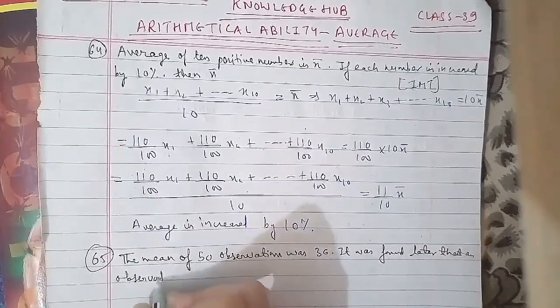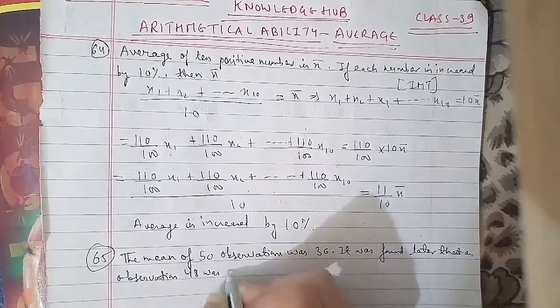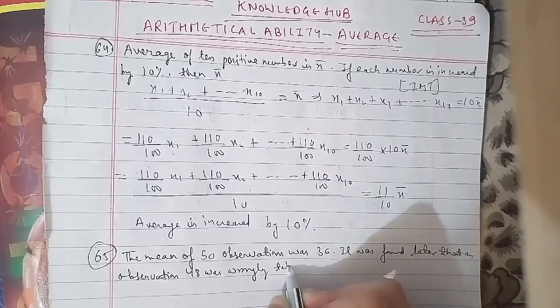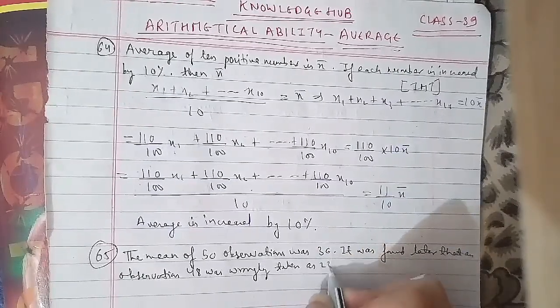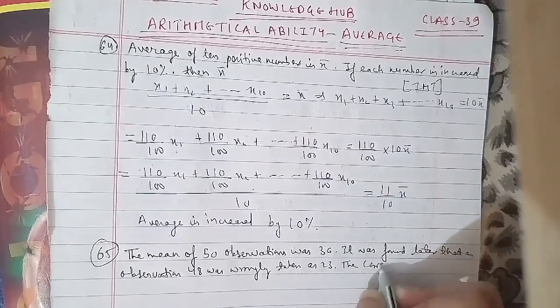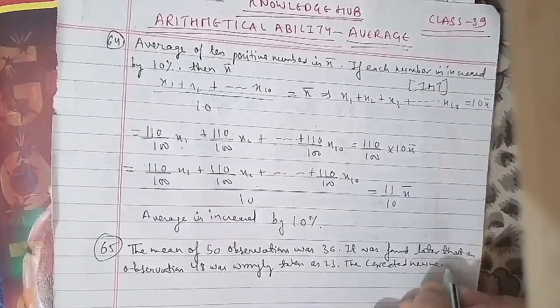The correct mean is, this has been asked in your SSC examination paper. That is also an important one here. Options we have are 35.2, 36.1, 36.5 and 39.1, and on that basis we'll have to find out the answer.